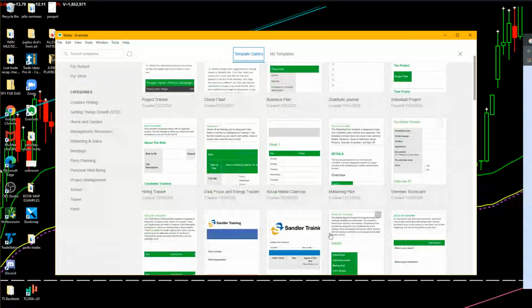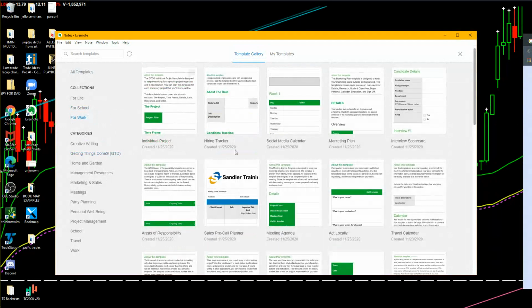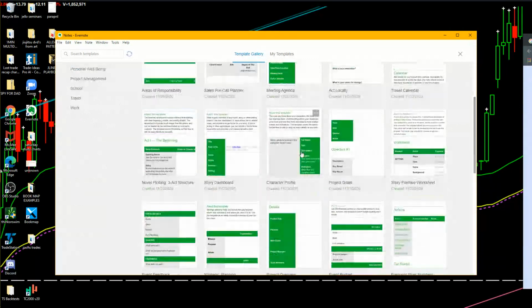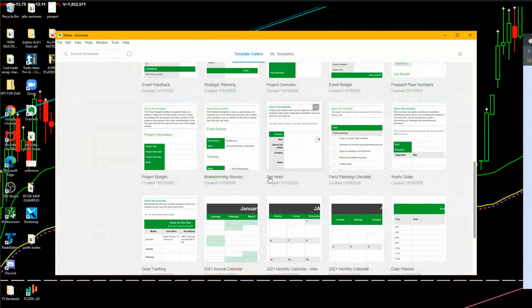So do they have an Excel style? Let's see here. Getting things done? I'm probably not going to use this today. I'm going to use Excel because that's what I'm used to, but I just want to look real quick and see if they had something similar.